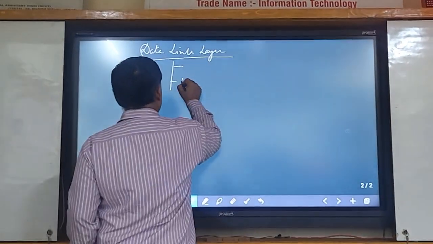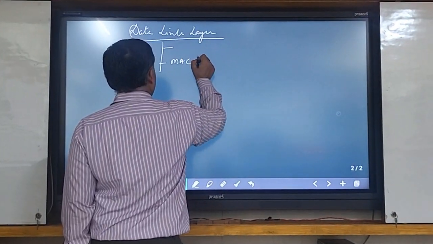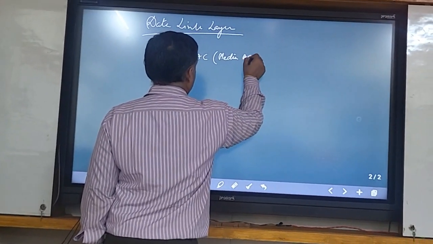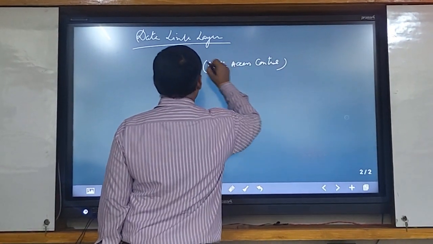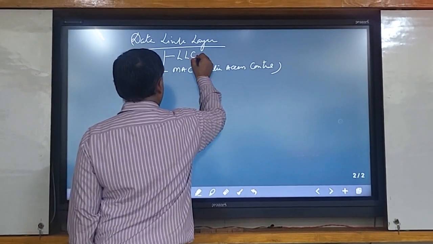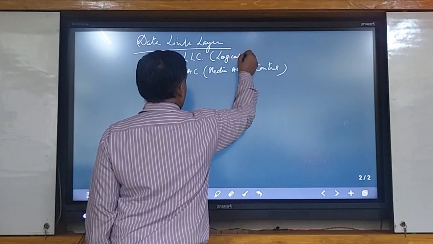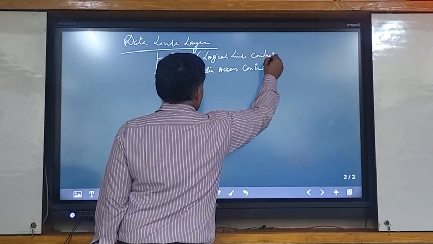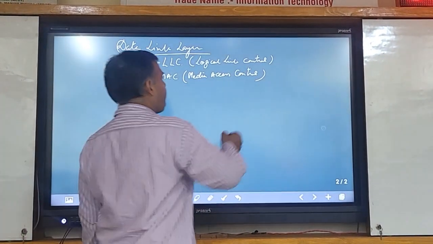One is MAC, media access control, and another one is LLC, logical link control. What are their uses? We will discuss that.